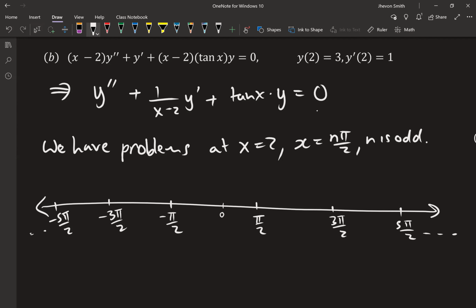Well, your 2 would end up between these guys. I think it will be closer to the pi over 2 version, but it's going to be like here. So all of these guys here are the bad points. We cannot touch these guys. And now I realize that there's a typo in the question, actually.